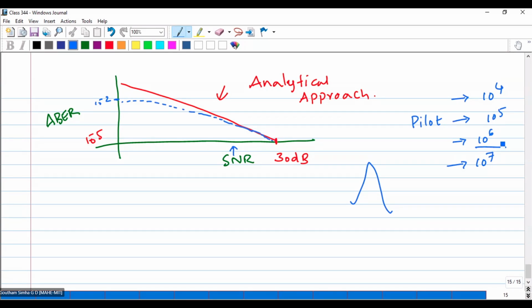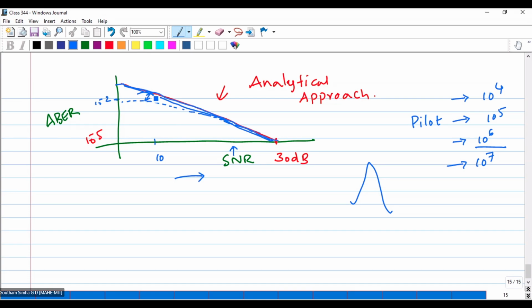If you use 10 to the power of 6, somewhere at lower SNR, let's say 10 dB, the Monte Carlo simulations will match. You will not get the mathematical upper bound and the simulation matching unless you have a higher SNR greater than 20 dB. Otherwise, you will have some error.